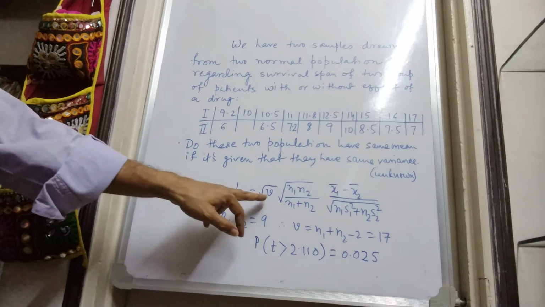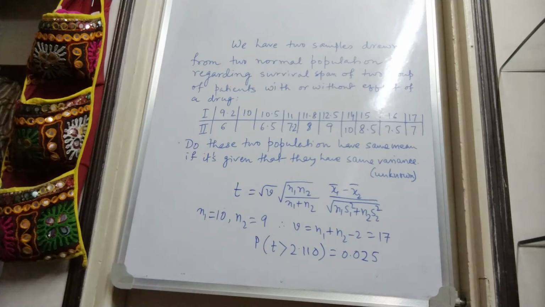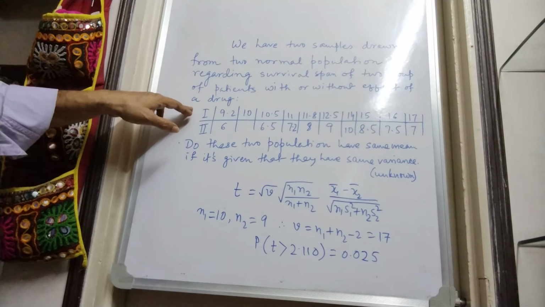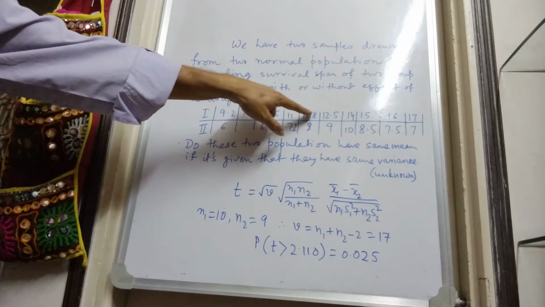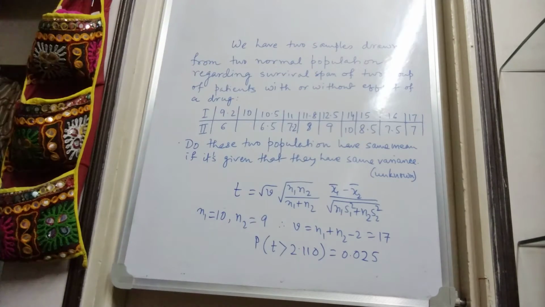Here this V is n1 plus n2 minus 2, the addition of degrees of freedom of both the sets of variables. n1 is 10 here: 9.2, 10, 10.5, 11, 11.8, 12.5, 14, 15, 16, 17.